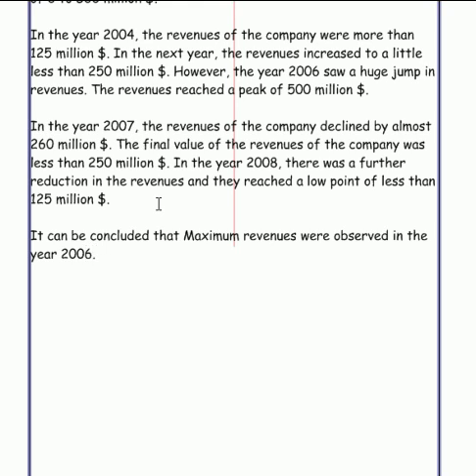If you remember, that's the middle year. So maximum revenues were observed. Maximum should have a small m because it's in the middle of the sentence. The value was $500 million.